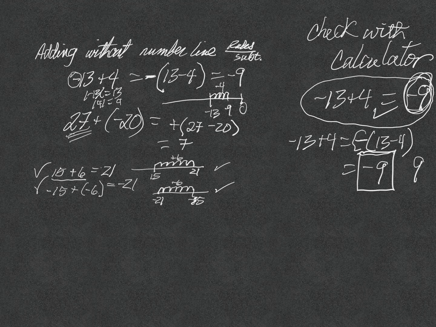Well, I forgot to take the sign of the number with the larger absolute value. I just wrote 13 minus 4 and got 9, but I forgot to realize that the answer was negative, because negative 13 has a bigger magnitude than positive 4. And so it'll help you to find errors, and then you can work on your thinking. And so that's how I would use your calculator in this case.